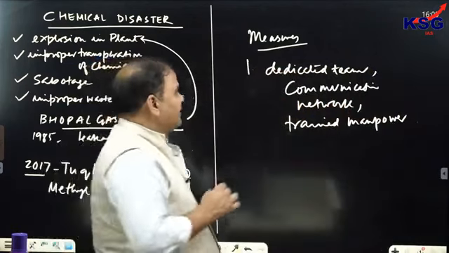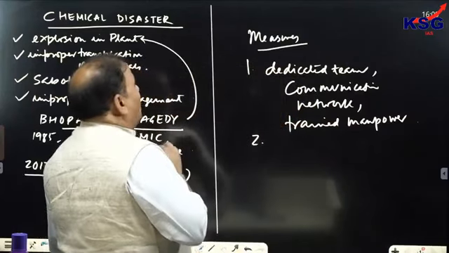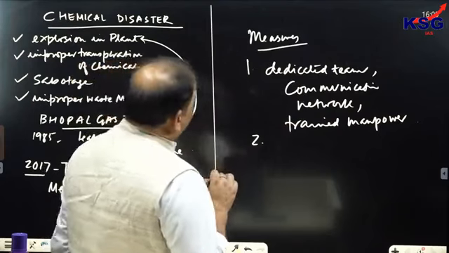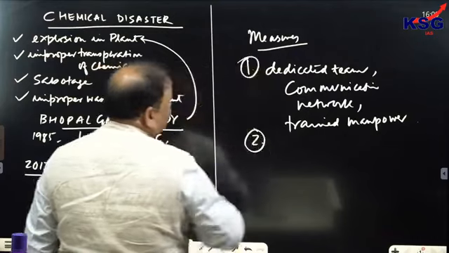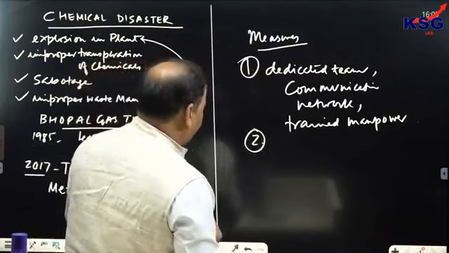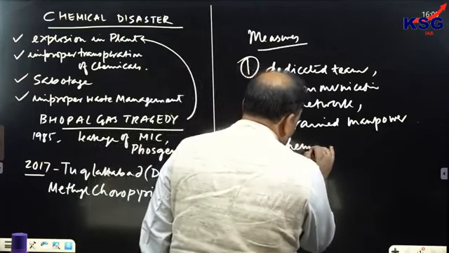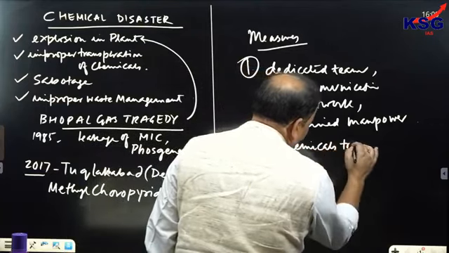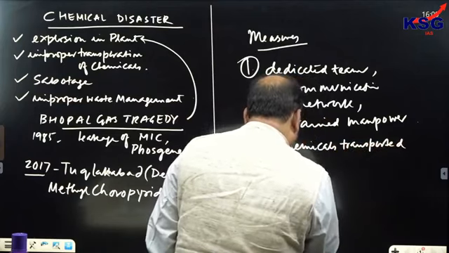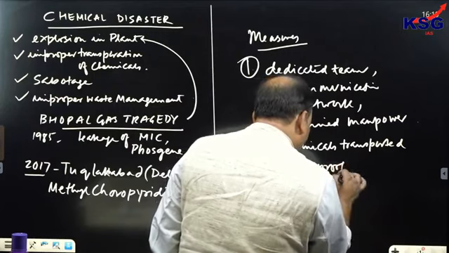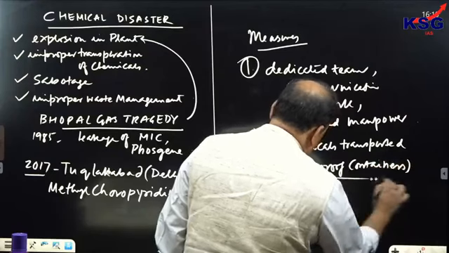The second thing is that we should be also responsible for taking another initiative. We should be transporting chemicals in leak-proof containers.